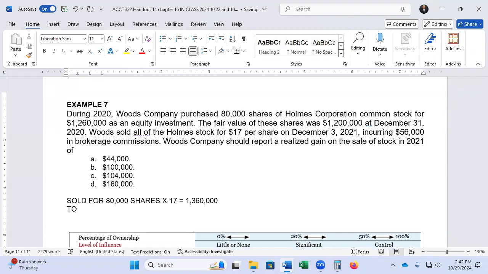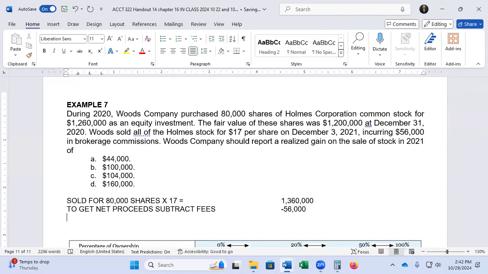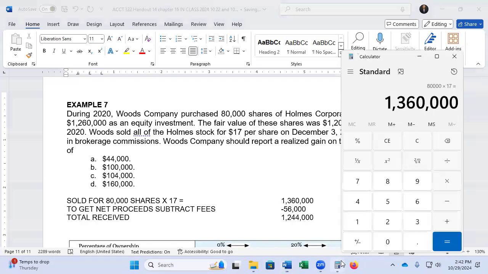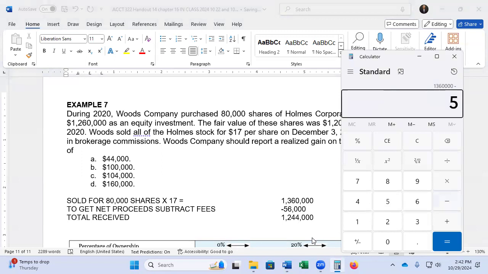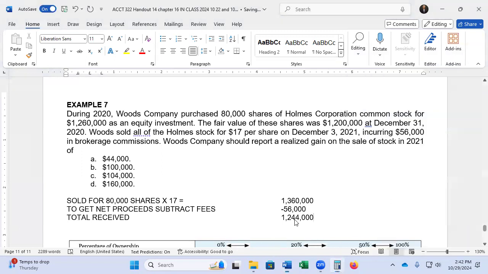And so to get net proceeds, subtract fees. And so here we have minus 56,000. Put the comma in the wrong spot there. And so $1,244,000. Check my math on that. Nope, 1,304,000.